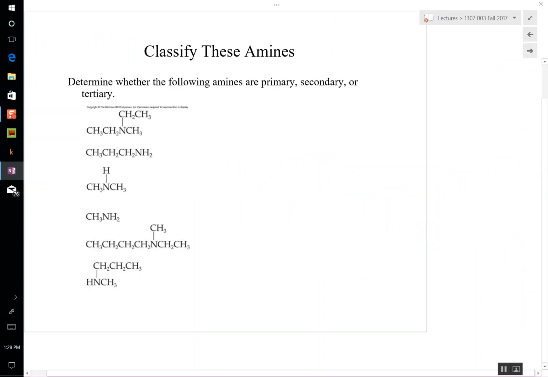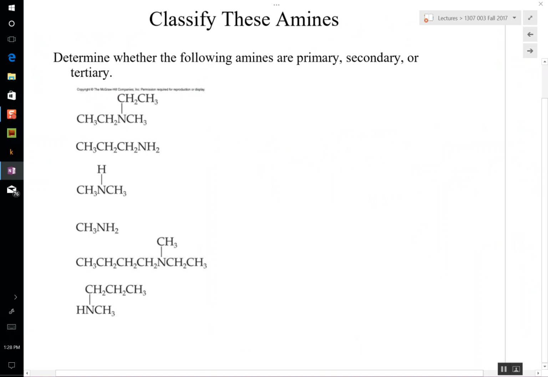Okay, let's classify these as primary, secondary. We won't name them right now. We will pretty soon. We probably could name them. But top one, primary, secondary, or tertiary? Look how fast you learn.